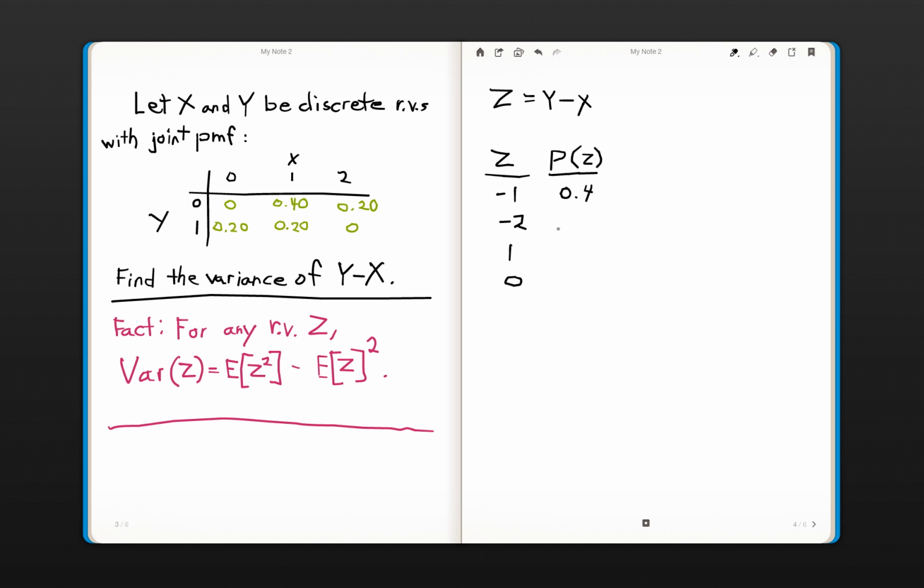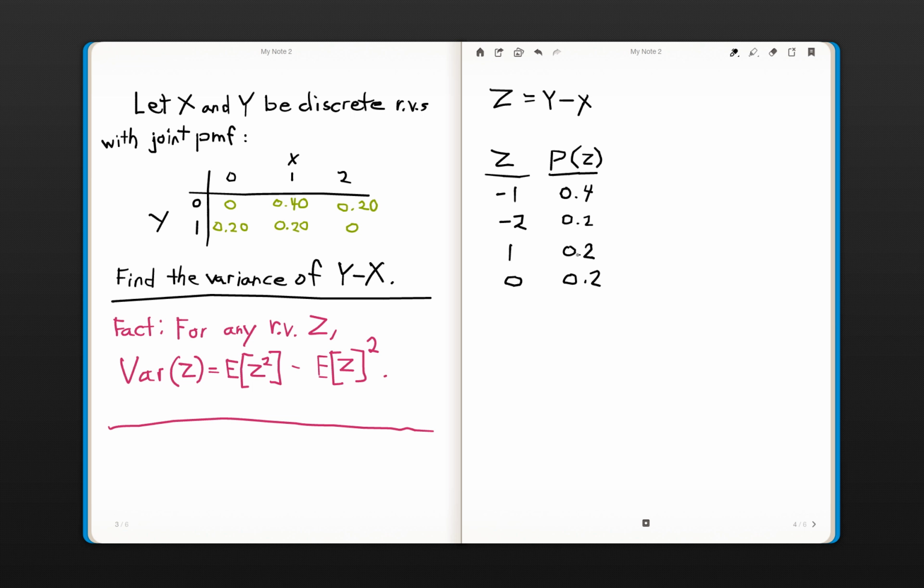It can take on negative 2 with probability 0.2, and the value 1 with probability 0.2. The probability that it takes on 0 is 0.2 as well. As a check, this sums to 1, so that's good.